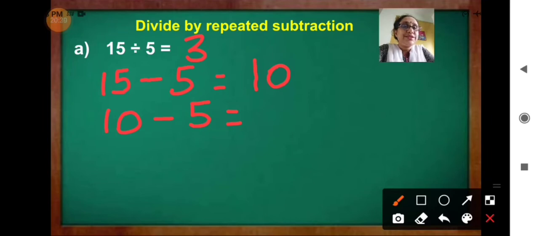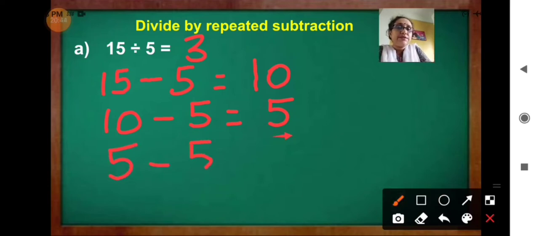What did you get? 5. Okay? Now again this 5, what we will do? 5 minus 5 equal to 0. See the steps.